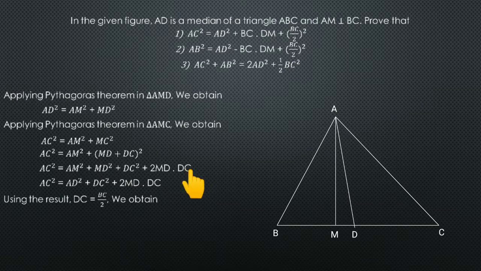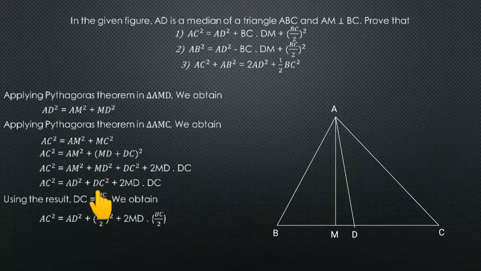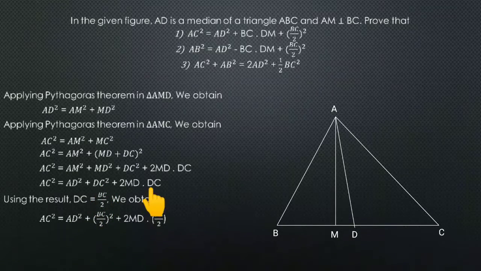Next, we know that AD is the median of BC, therefore D is the midpoint of BC. Therefore we can write DC is equal to BC by 2. Therefore, AC square is equal to AD square, and instead of DC we can write BC by 2, and similarly here.